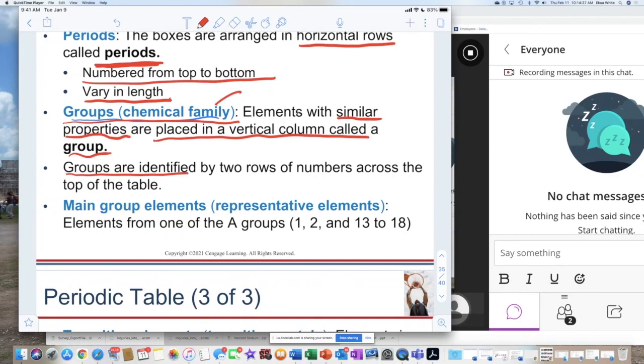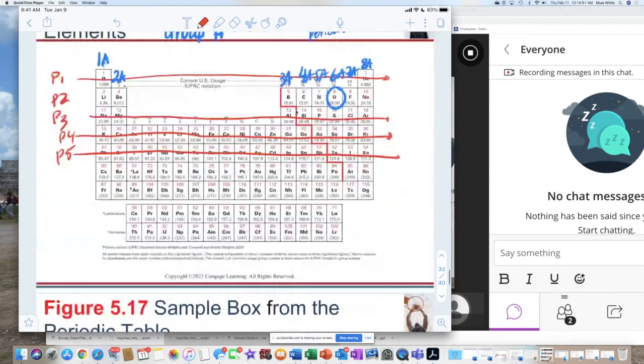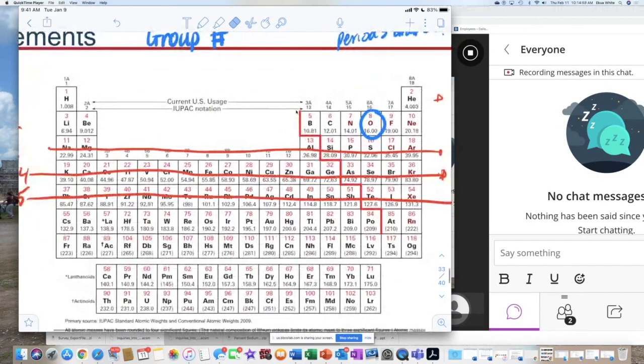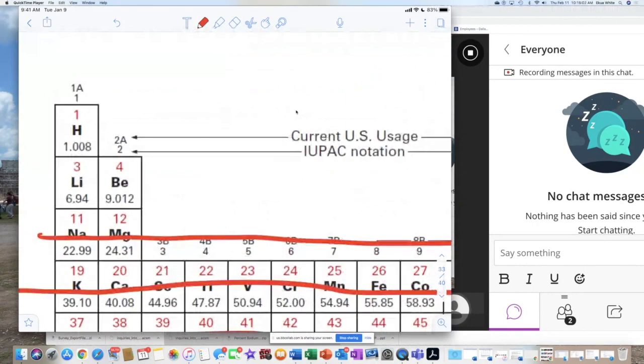Groups are identified by two rows of numbers across the top of the periodic table. I'll show you how that looks. The elements can be from one of the A groups. There are two different sets of numbers, and depending on the questions and who wrote them, you see right here I use the A portion, the 1A, the 2A.